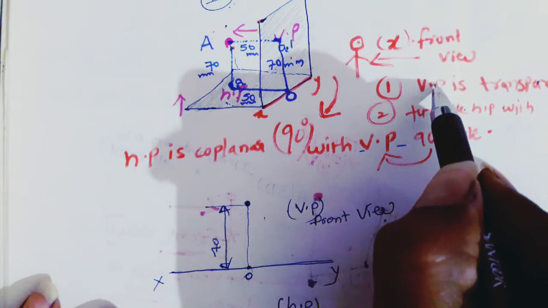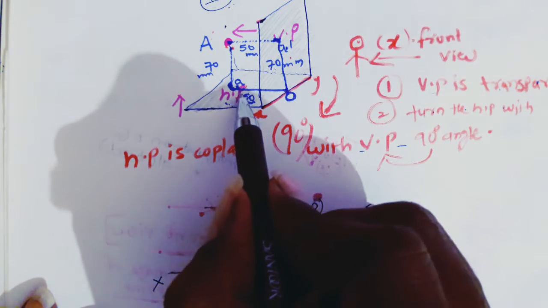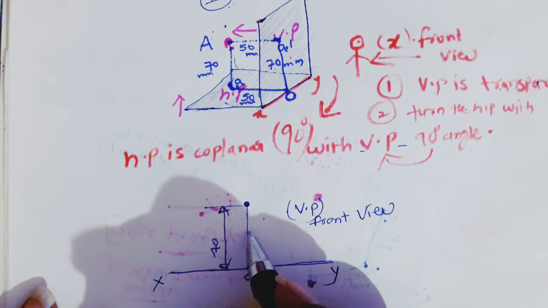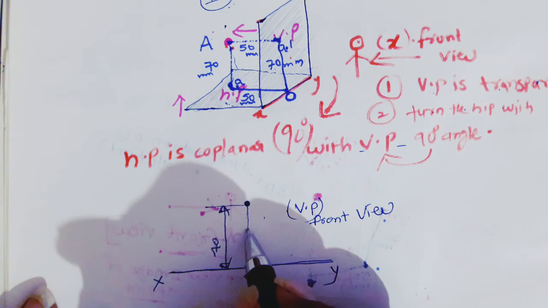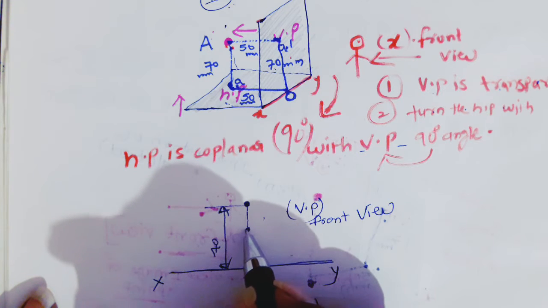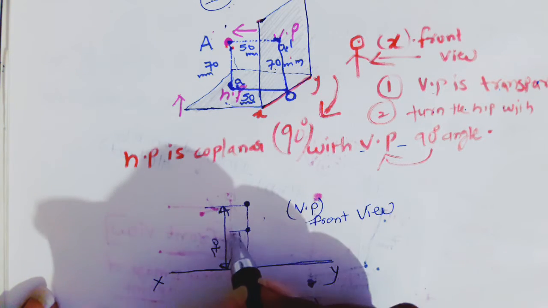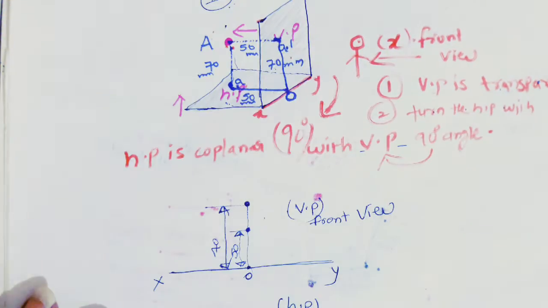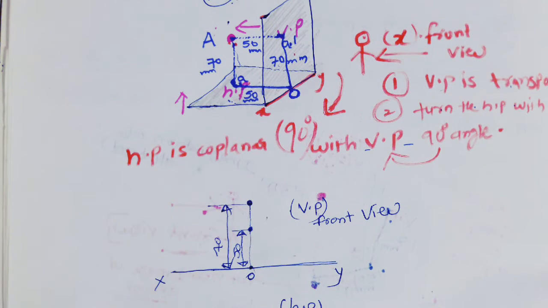Because we thought that VP is transparent, so that's why this 50 mm line you have to draw above the XY. That means from here to here you need to take one point. This one is 50 mm.